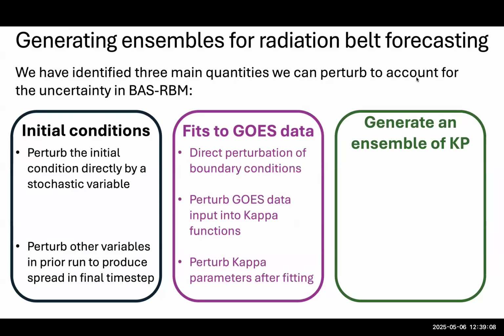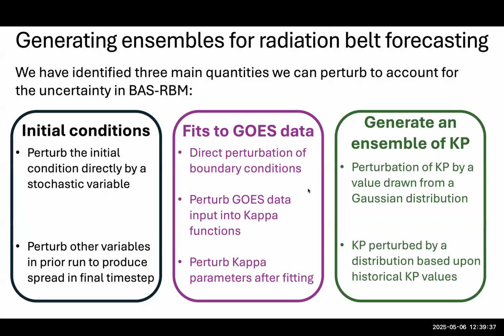For the GeoDAWGs, again, we can directly perturb them, or we can perturb the GeoDAWGs data that's input into the kappa fits, or we can take the GeoDAWGs data, generate a kappa fit, and then perturb the kappa parameters.